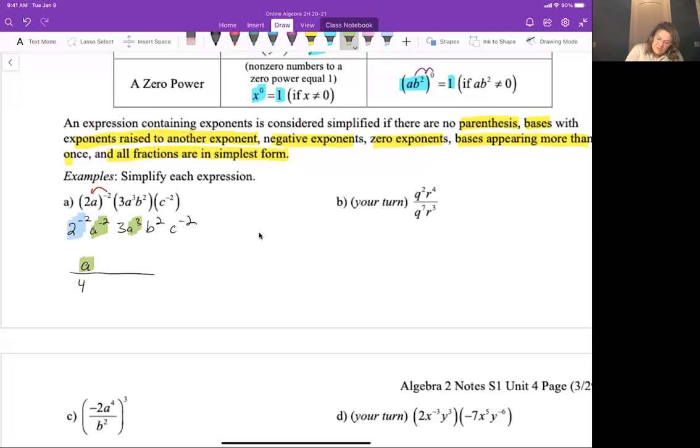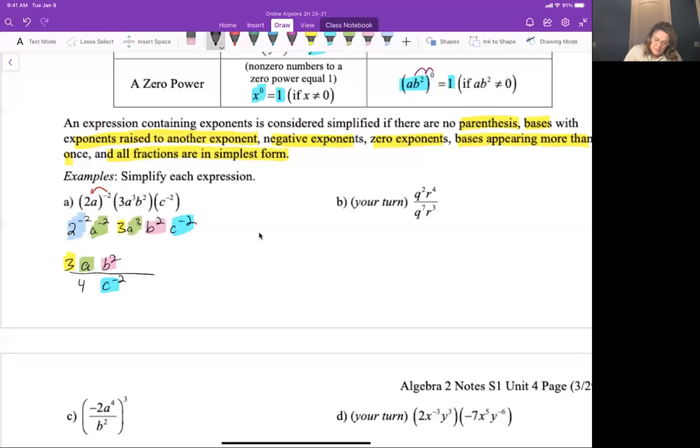I still have this 3 that I have to leave on top, so we'll leave that there. I have b squared and I have c to the -2. C to the -2, so I'll put that on the bottom.